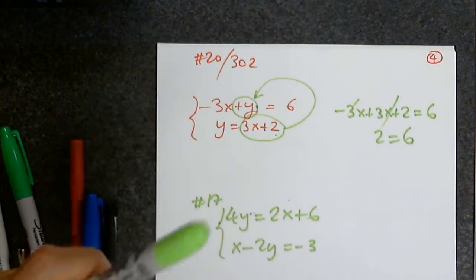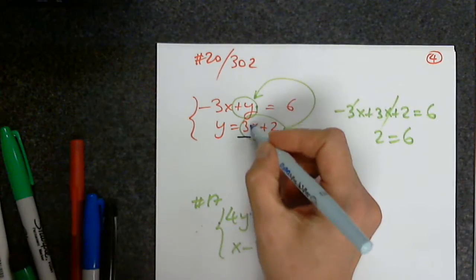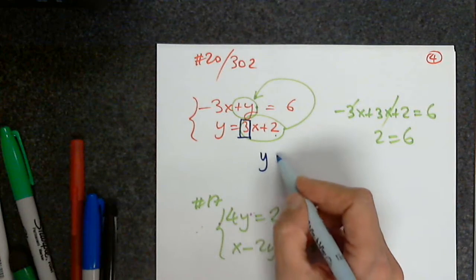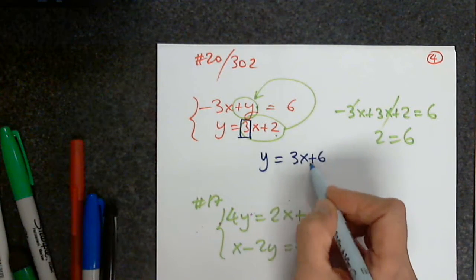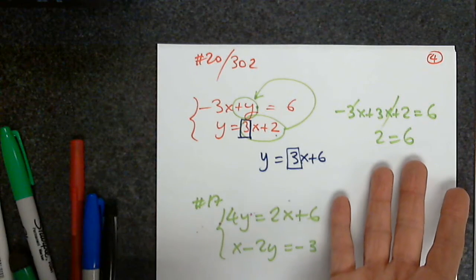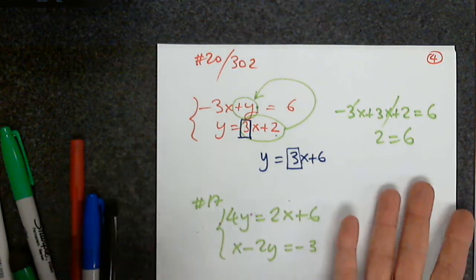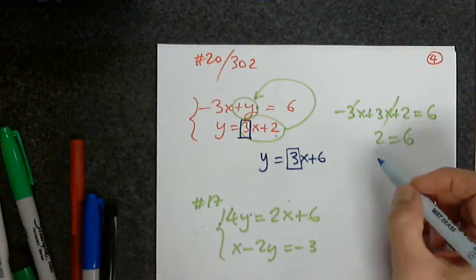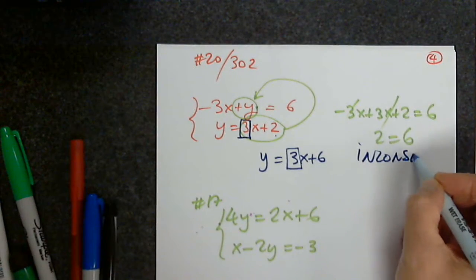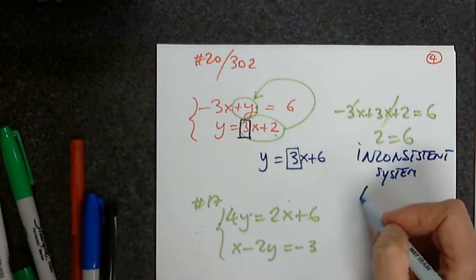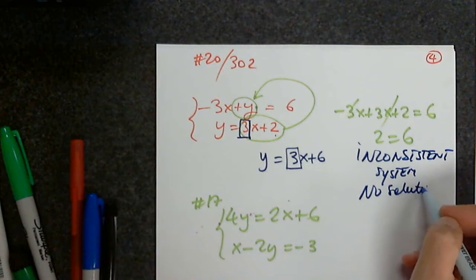Okay, so it is true, since the slope of the second line is 3, and we solve the first equation for y, I get 3x plus 6. Obviously, both slopes are 3, and I know that I did not make a mistake. I was correct that the system has no solutions. Inconsistent. Inconsistent system. In other words, no solutions.